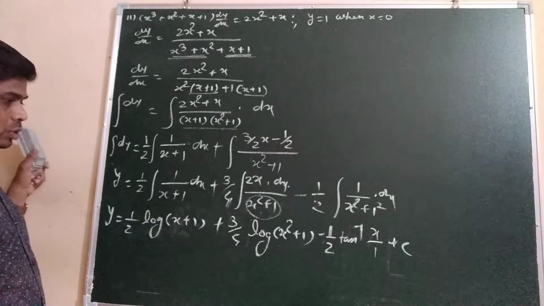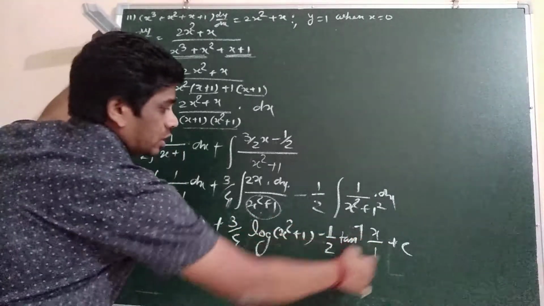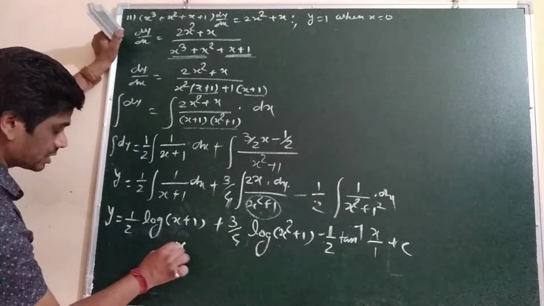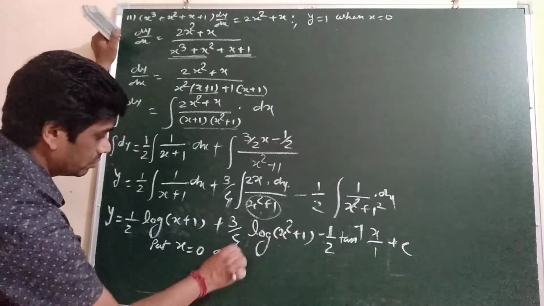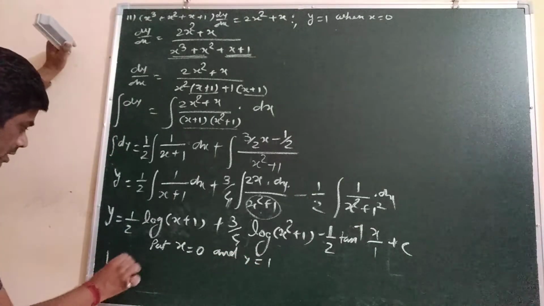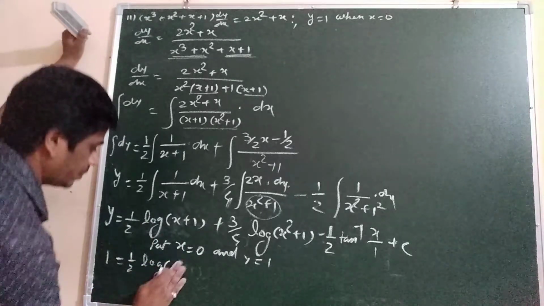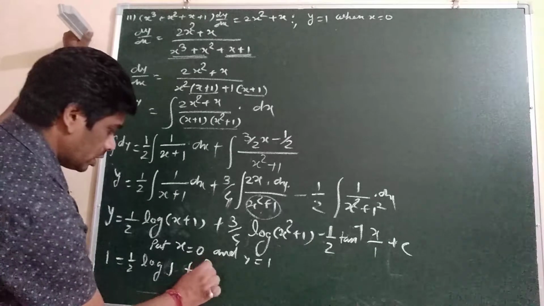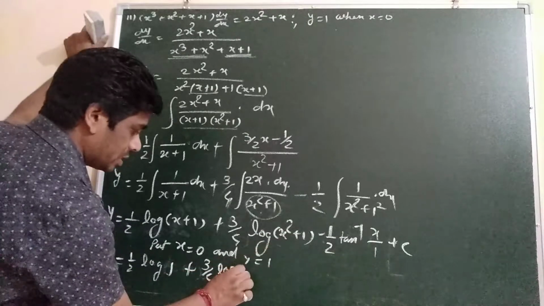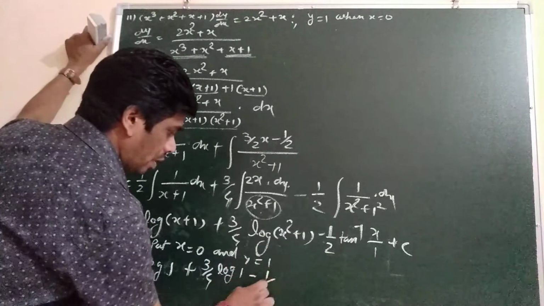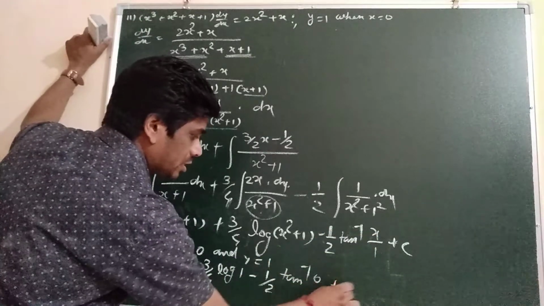Now you can substitute the value. For finding the value of c, we will substitute x and y: put the value of x equal to 0 and y equal to 1. So this will be 1 upon 2 log of 0 plus 1, which is 1, this we can write 1, plus 3 by 4 log of 0 square is 0 plus 1 means 1 only, minus 1 upon 2 tan inverse 0 upon 1 means 0 only, plus c.